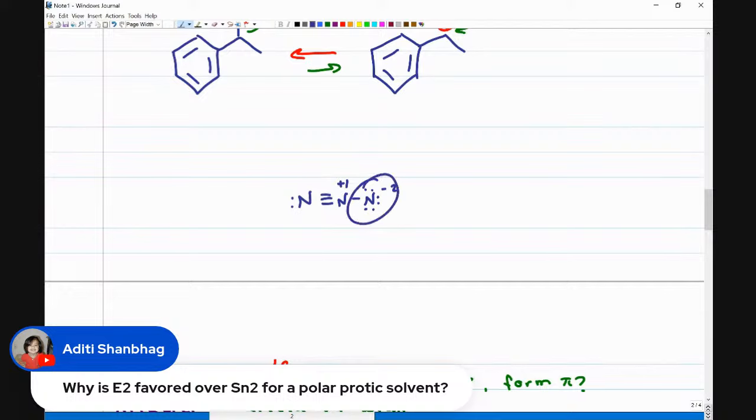But notice how the charge is all concentrated. If this is in a polar aprotic solvent, it will happen like this so that it can, for example, attack a molecule that is very partially positive here.